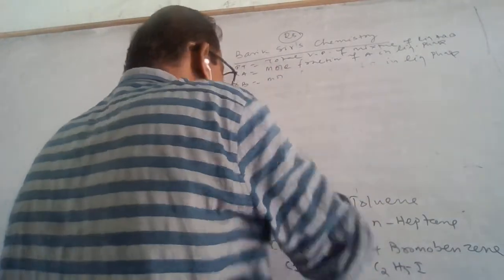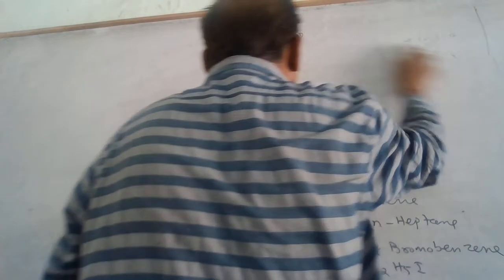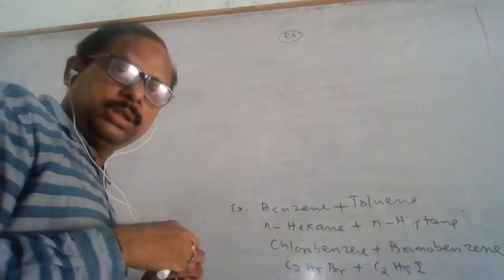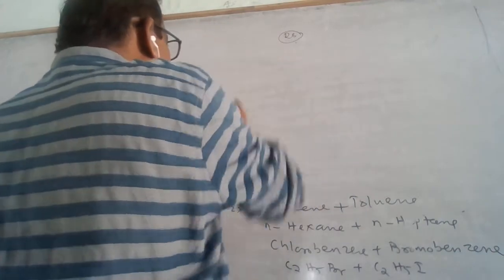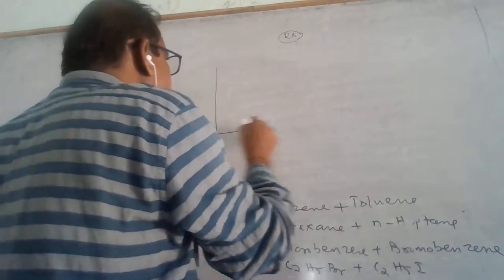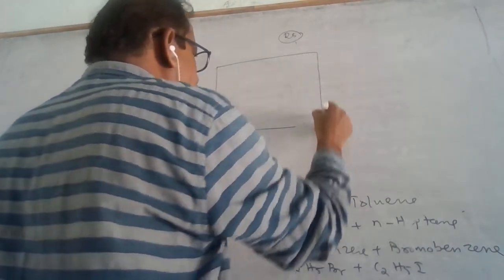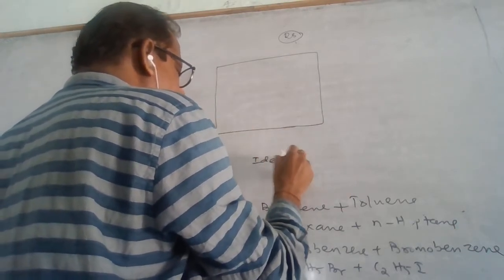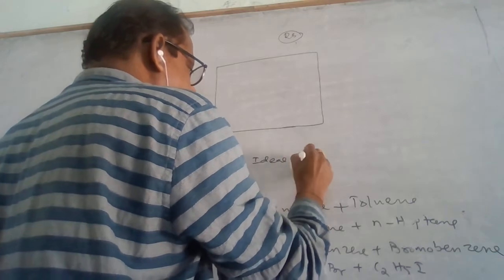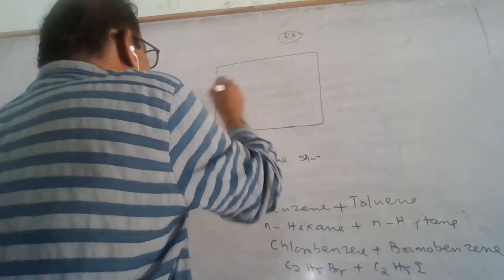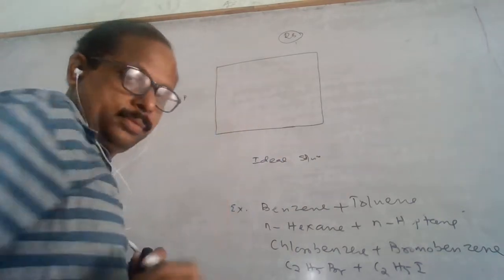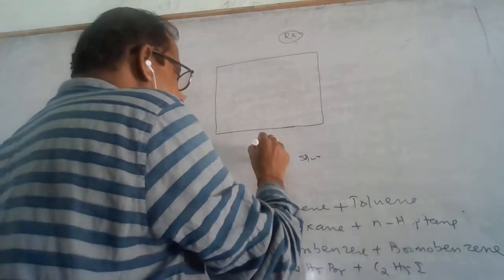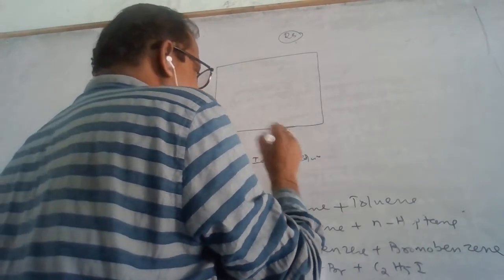Now we will see the graphs, for the ideal solution. In case of the ideal solution, we will plot the graph between the vapor pressure and the mole fraction.